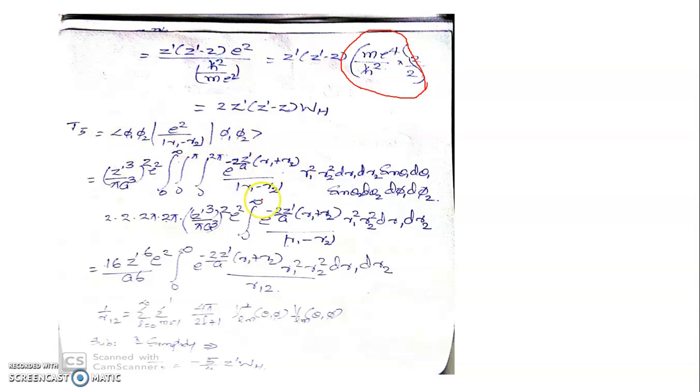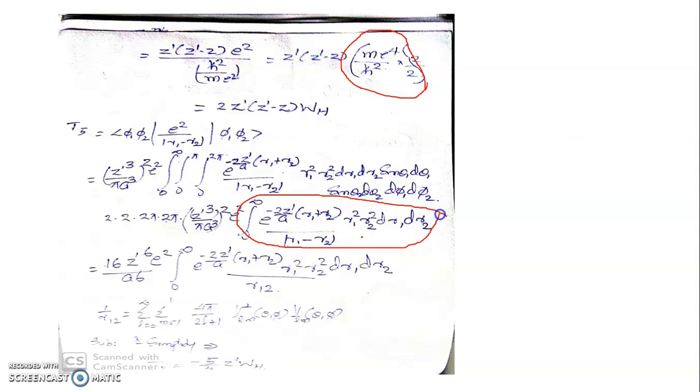All these terms are incorporated here, divided by (r1 minus r2), r1 square, r2 square, dr1, dr2, sin theta1 d theta1, sin theta2 d theta2, d phi1, d phi2. This makes 2 pi into 2 pi, and this makes 2 into 2, 4. So 4 into 4 pi, 2 into 2 into 2 pi into 2 pi, and in the integral this will be remaining.